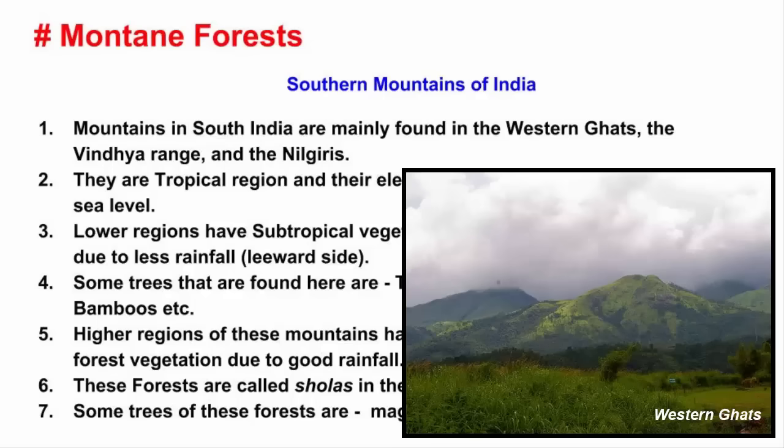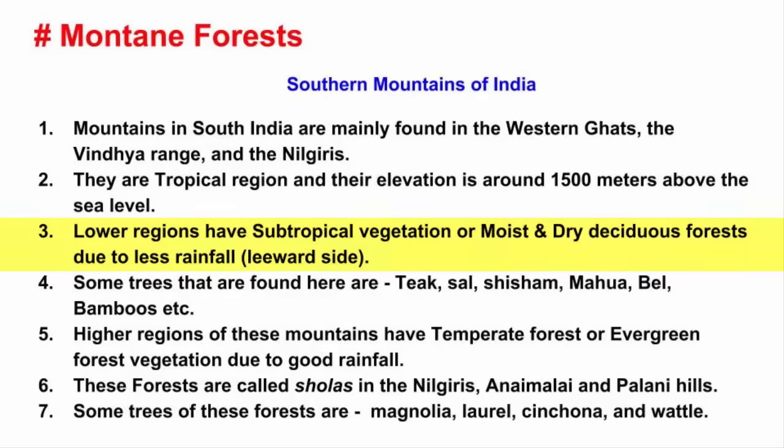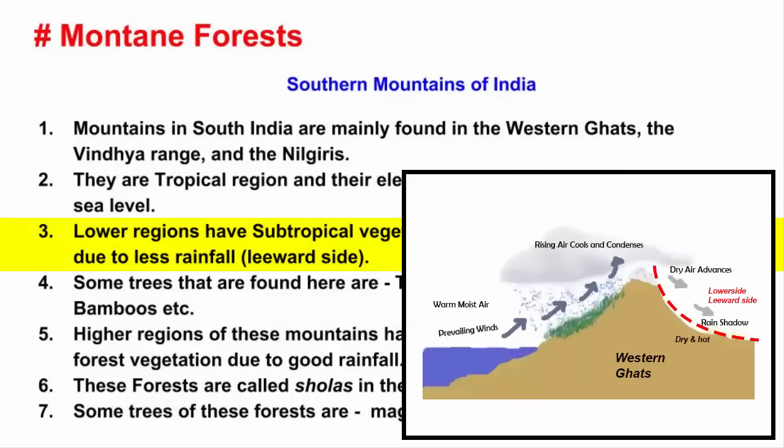So with this much of height, the higher region of the southern mountains has temperate vegetation. So it is going to be a little bit cool, not that much. And the lower region of these mountains has subtropical vegetation. If you can recollect, the lower regions of the Western Ghats is usually a leeward side. So there will be a very little effect of the monsoon wind as well as rainfall.